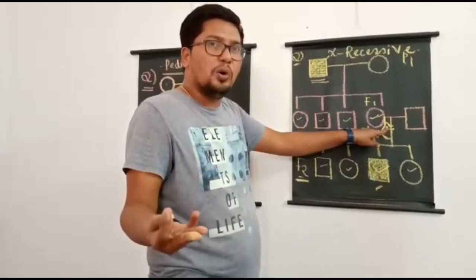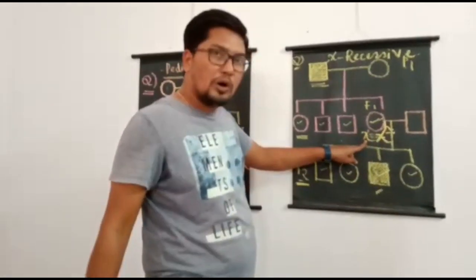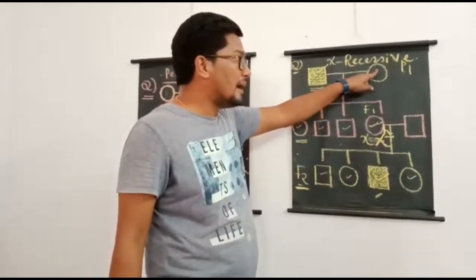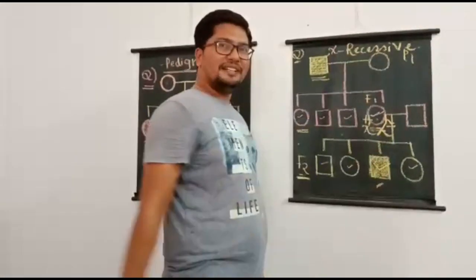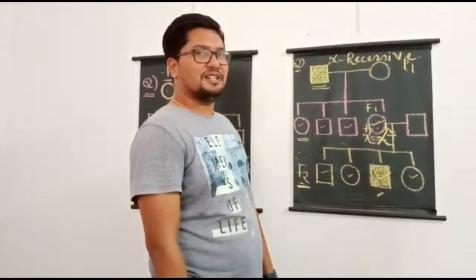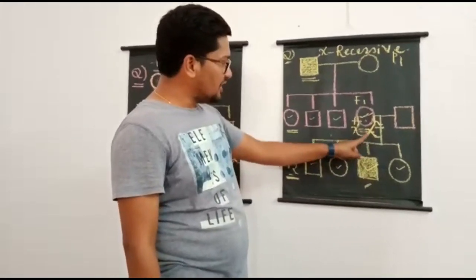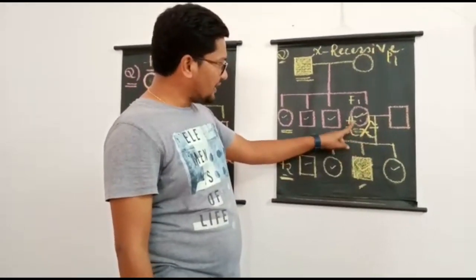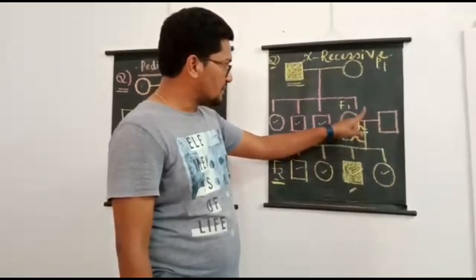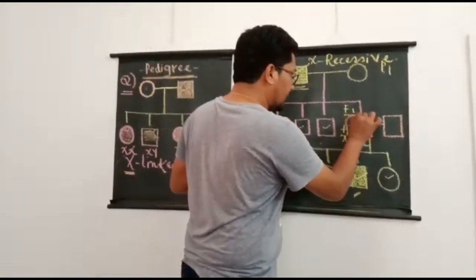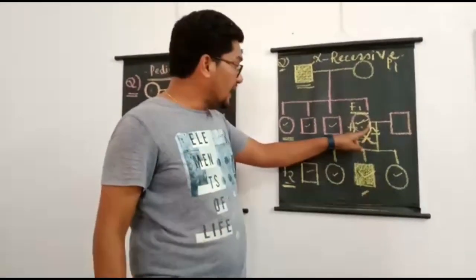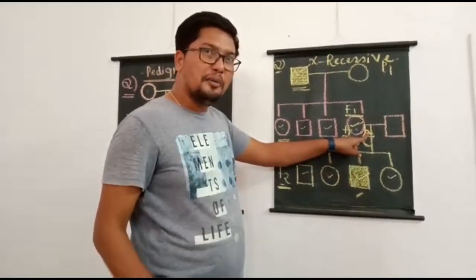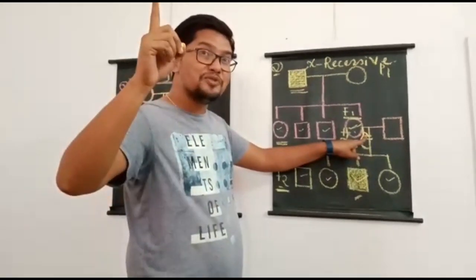But we always know the female receives 1 more copy of X chromosome from whom? Mother. But this copy of X chromosome had the dominant allele, that is capital H. So literally her genotype is X capital H and X small h, means 100% of the F1 females have the allele for hemophilia, but they do not show the symptoms of the disease.